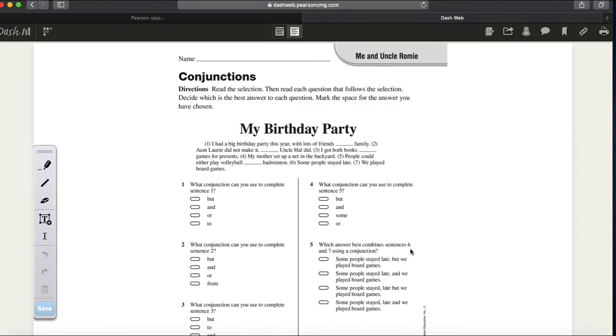Which answer best combines sentence number 6 and 7? Now I want to combine these two sentences together. So which one is going to make sense, or which one is the best answer? Some people stayed late.